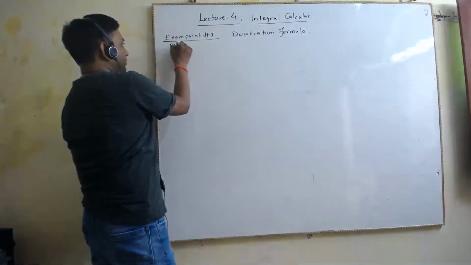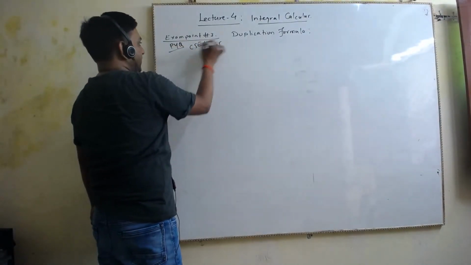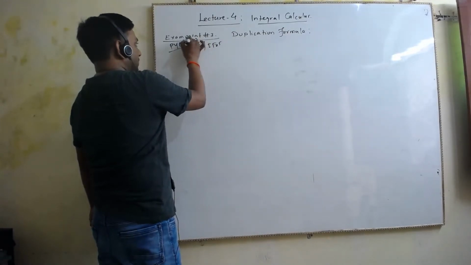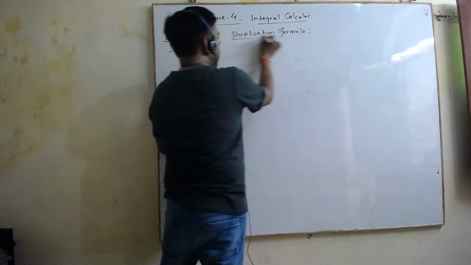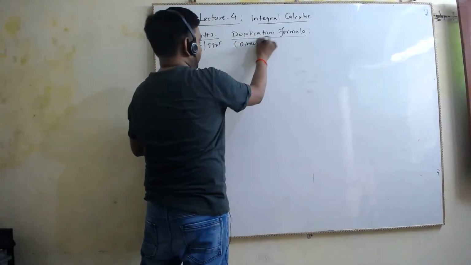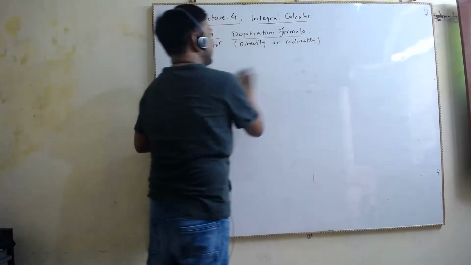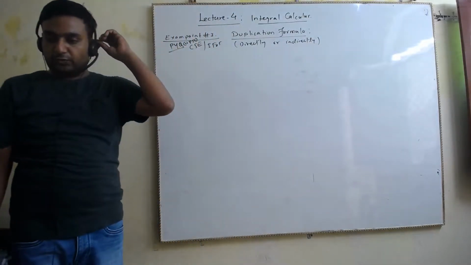So that is a PYQ multiple times in civil services as well as forest services. Okay. Sometimes they ask with the name directly or indirectly. So that proof I'll do there.